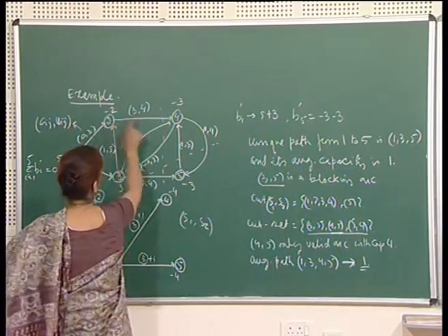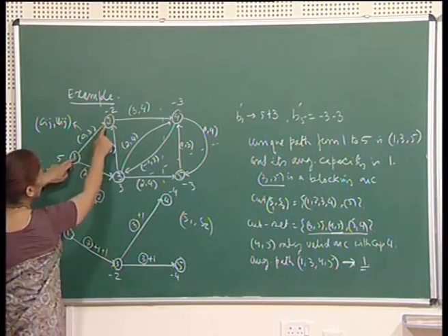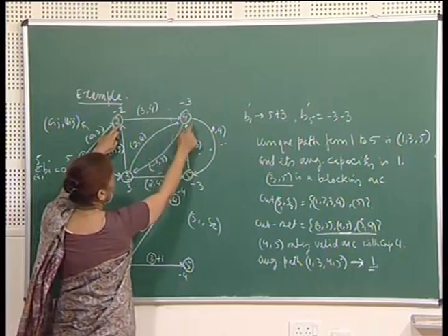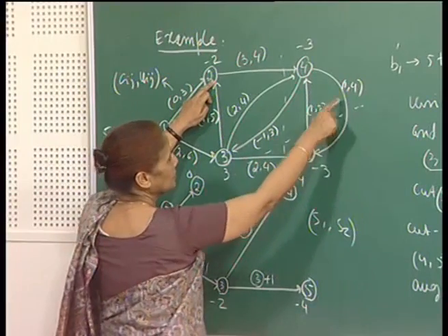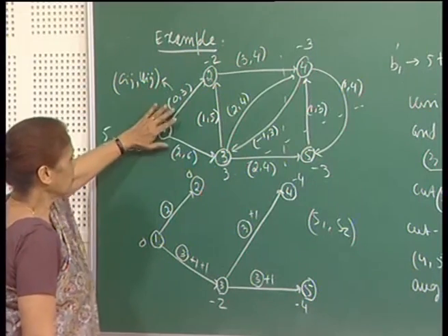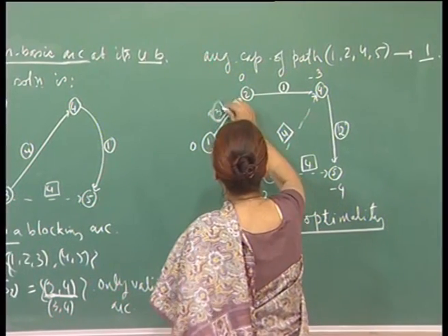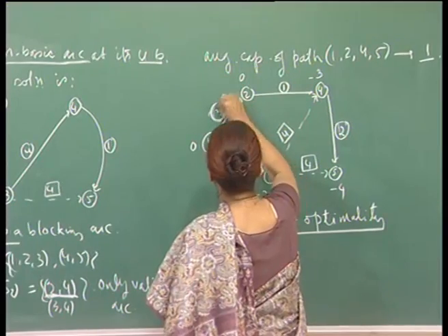So, this is the path 1 2 4 5, and the capacity here is 1. Here of course, it is 4, here it is 3 now, because you already have 1 unit of flow on it. So, therefore, the minimum would be 1, and so 1 2 becomes the flow becomes, I should not do this, because this is regular.